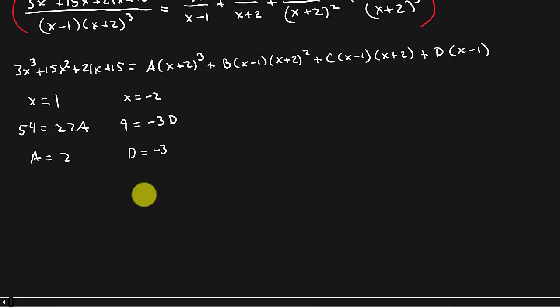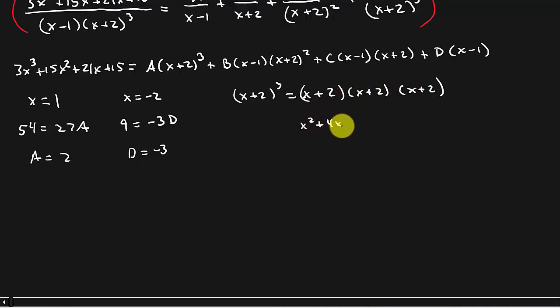Let's look at this. See the x plus 2 cubed? Let's just come here. x plus 2 cubed is equal to x plus 2 times x plus 2 times x plus 2. When I FOIL these two, I get x squared plus 4x plus 4 times x plus 2. Then I multiply these two.